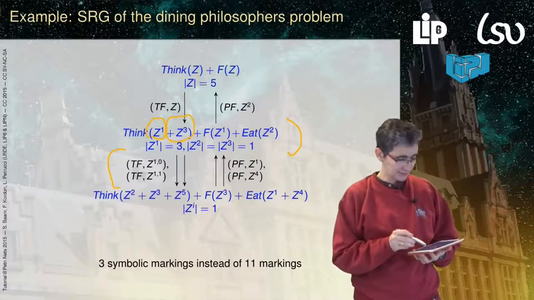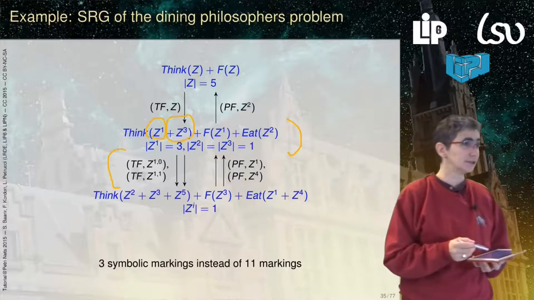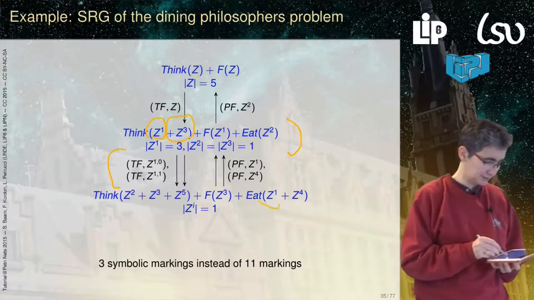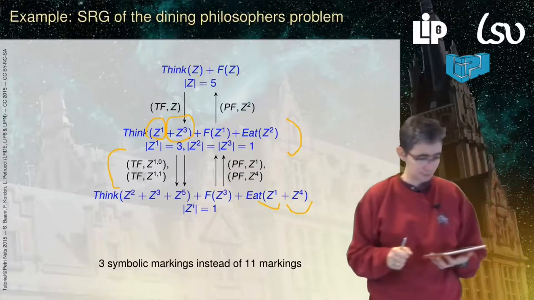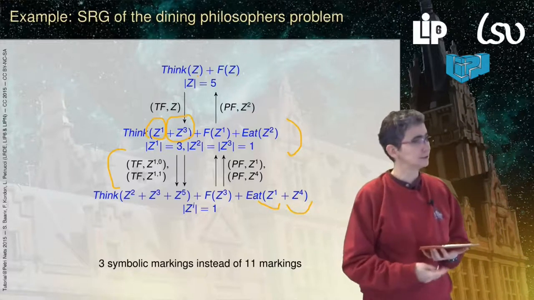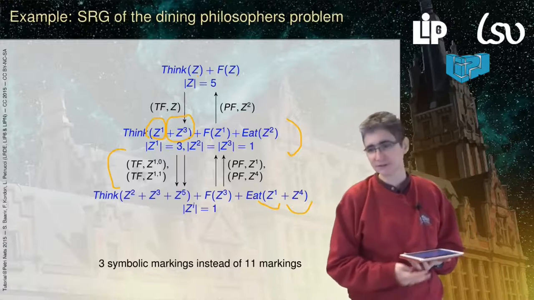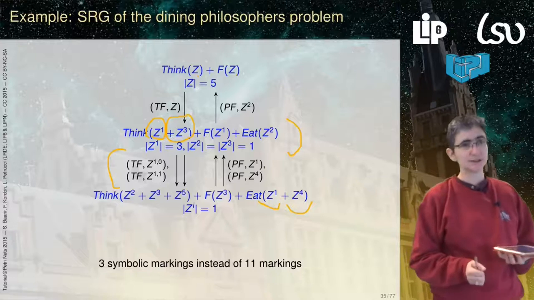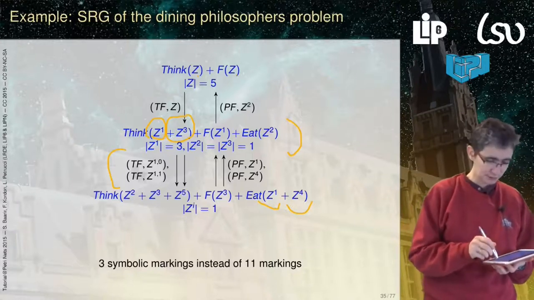From this marking, the only thing you can do is put back the forks, and you have two possibilities, either do it for Z1 or do it for Z4. And so the construction of the reachability graph is then finished, and we have 3 symbolic markings instead of 11. So it's much smaller.